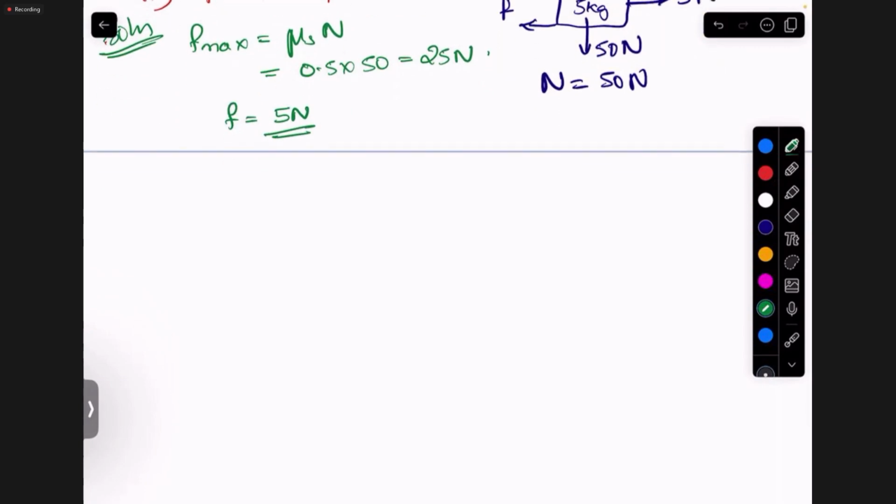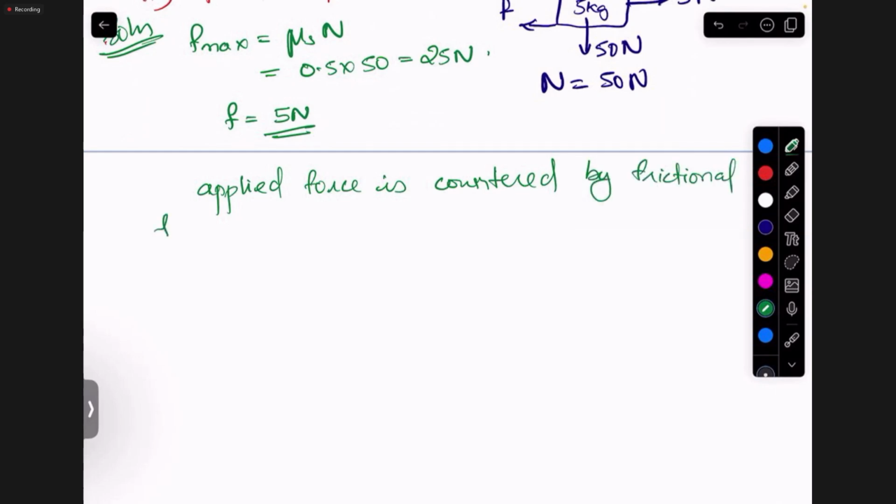Now acceleration, what will happen? The applied force is countered by the frictional force. So the block won't move. The block is at rest.